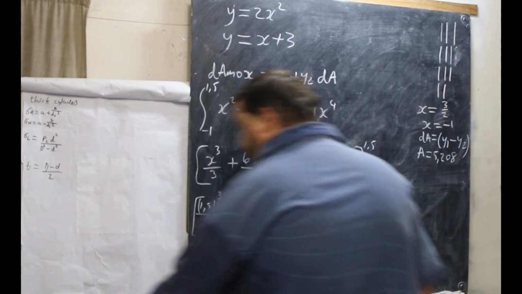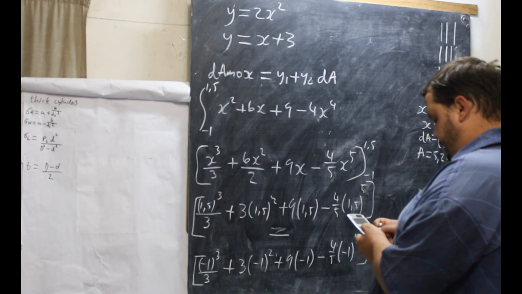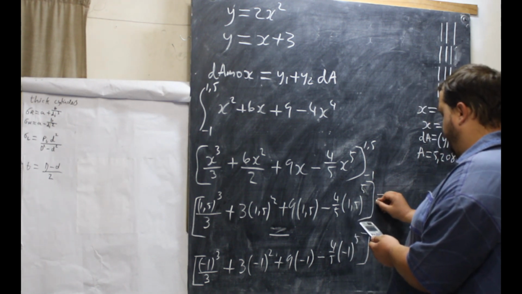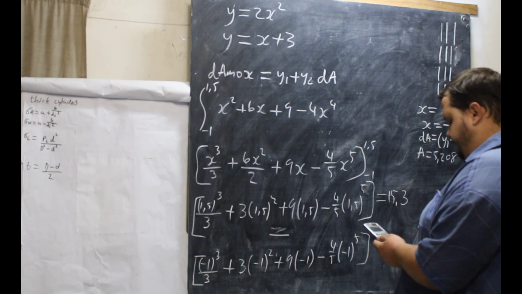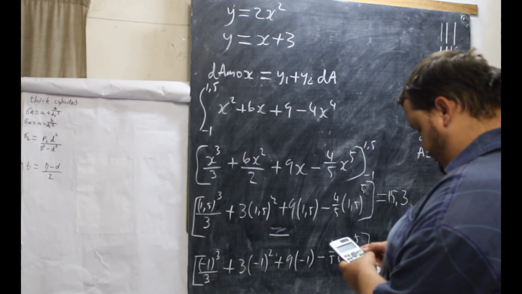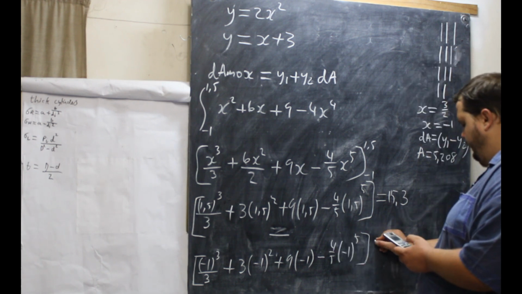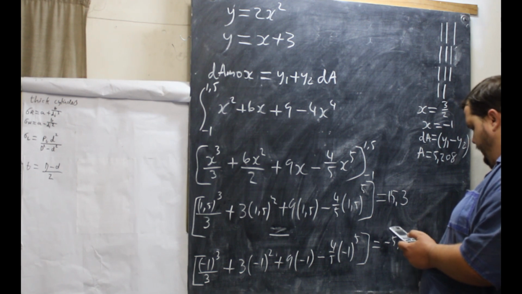Now we just need to put these together. Now let's go. This part over here, 15.3. Now we replace the 1.5 with minus 1. We're left with this equals minus 5.533.